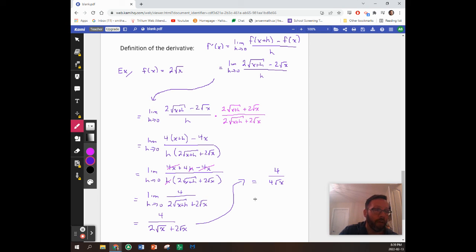And the 4 on top and the bottom divide out, and we're just left with 1 over root x. So very cool. The derivative of 2 root x is 1 divided by root x. And now you have the slope of the tangent line wherever you want, at the tips of your fingers. Just plug in the x value and you've got it.